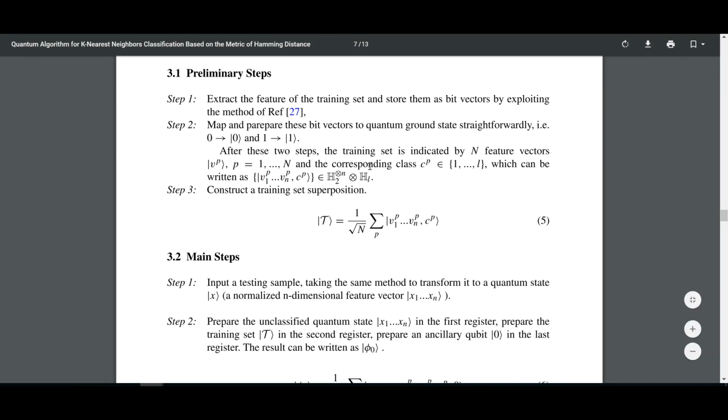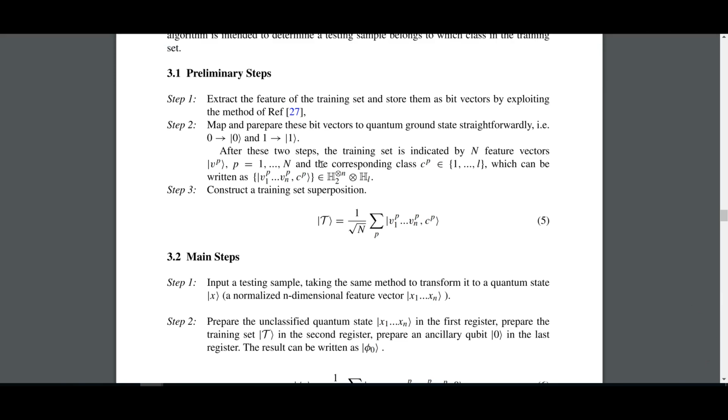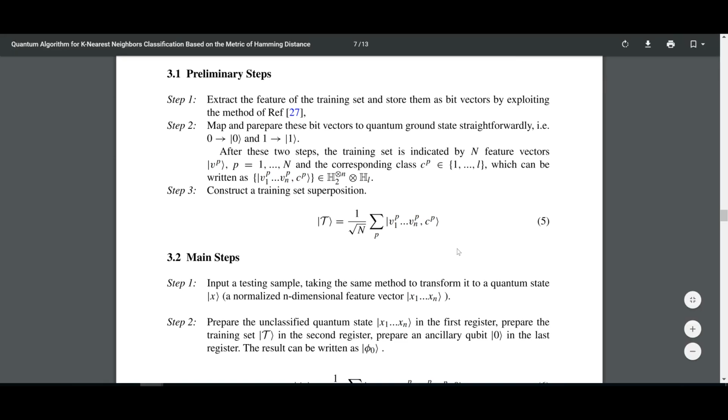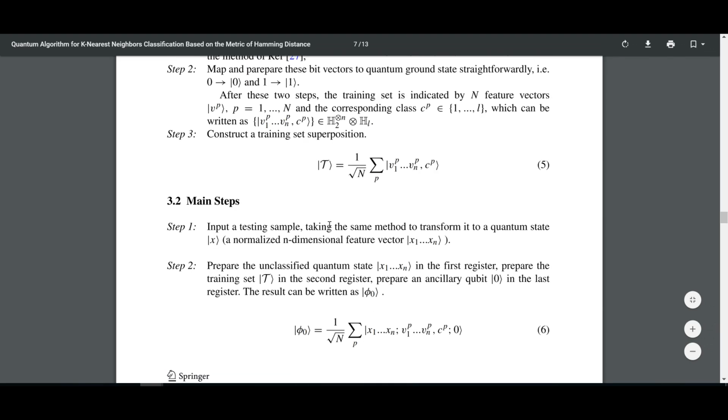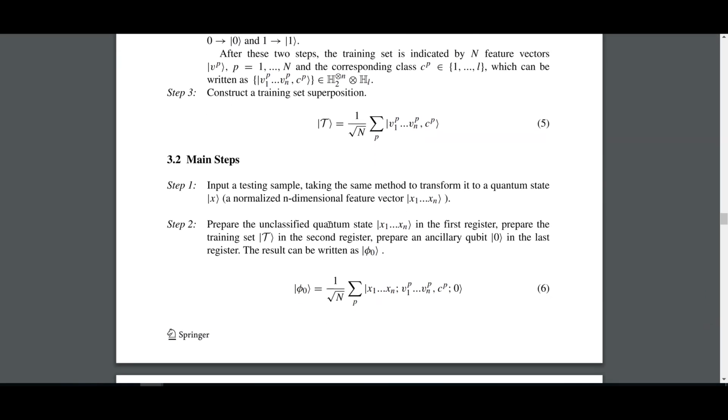If I understand this well, each of these feature vectors, and then you have a state with the different feature vectors and at the end the class. Cool. So the main steps are: input a testing sample, taking the same method to transform it to a quantum state.